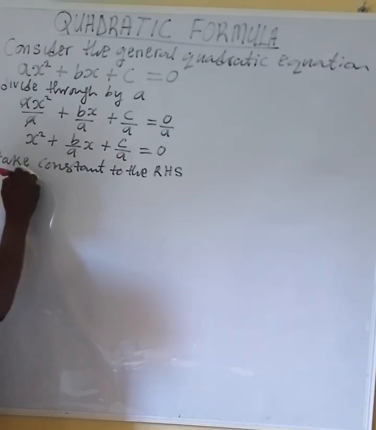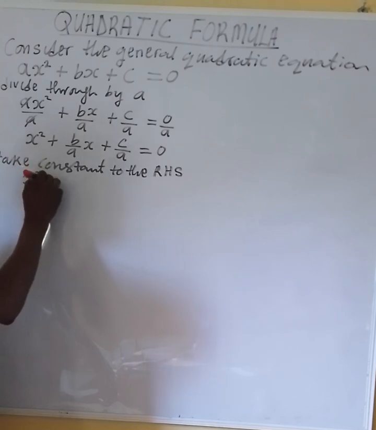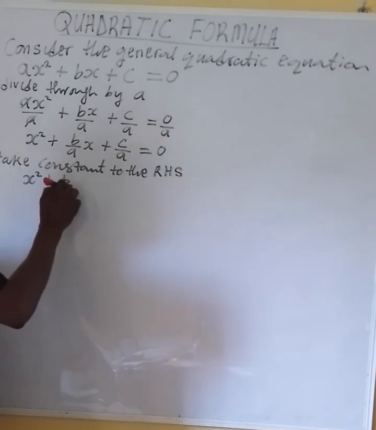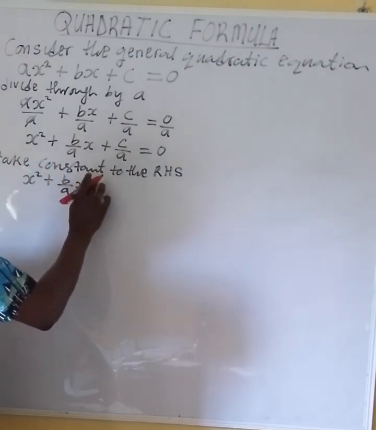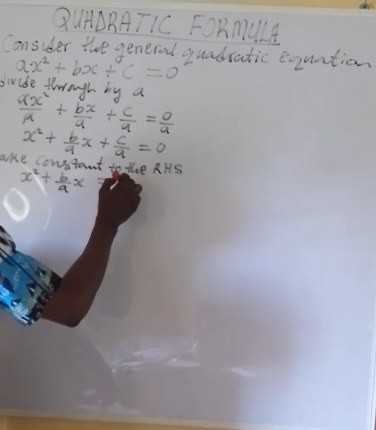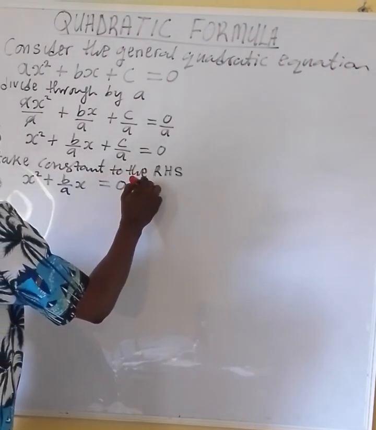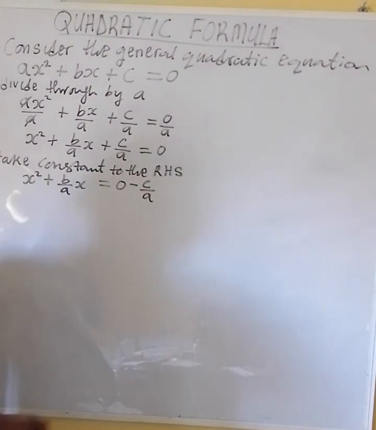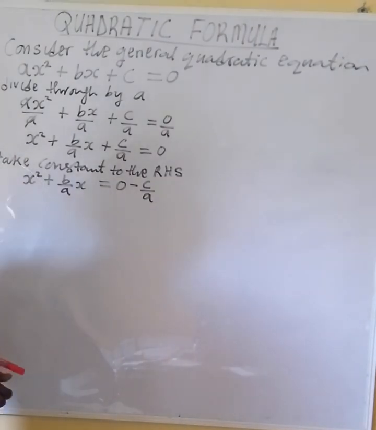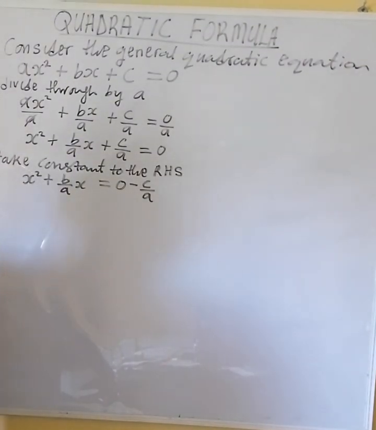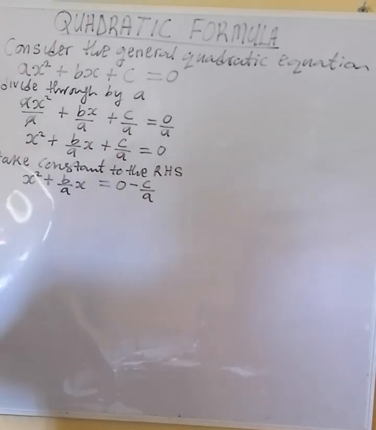It will now give us x squared plus b over a x equals 0 minus c over a. Are we together?